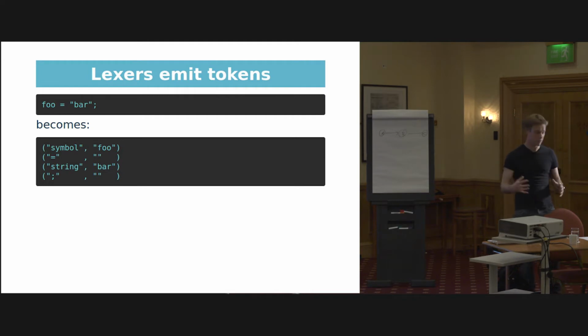So what lexing does is breaks up your code into, not into anything that has any meaning or structure, but just into the individual words that you've said to the computer, if that makes sense. So the word foo is of type symbol, and its value is foo. And then the word bar in quotes is of type string, and its value is bar.